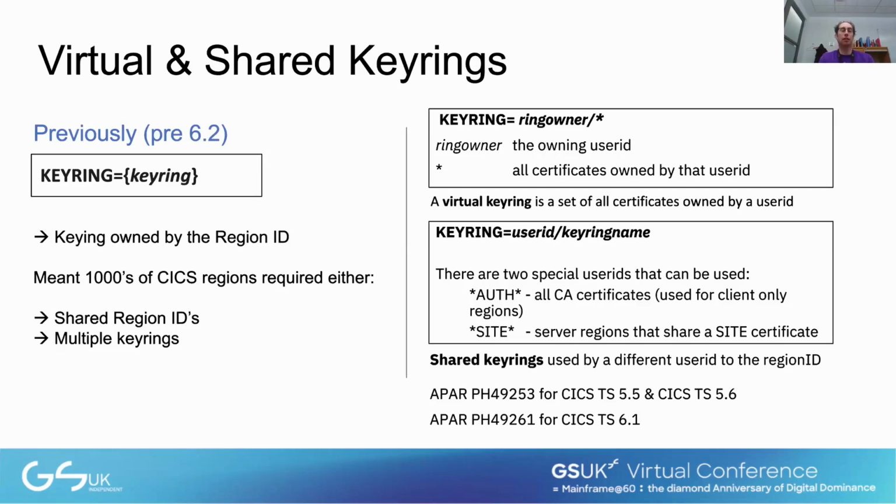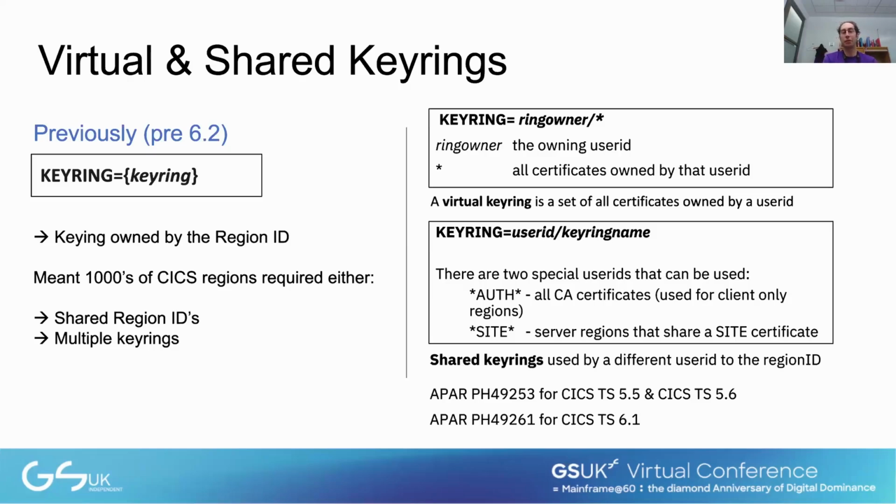We added in support for virtual and shared keyrings. So previously, 6.1 and earlier, the keyring had to be owned by the CICS region user ID, which meant that if you've got thousands of CICS regions, then you either had to have shared region IDs, or you had to have multiple almost identical keyrings.